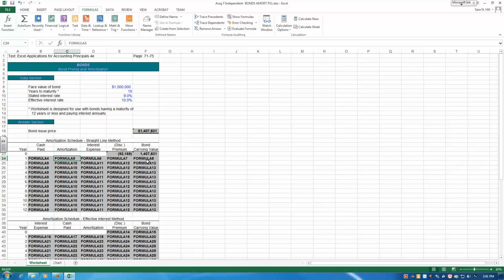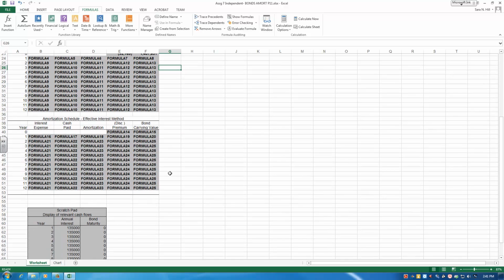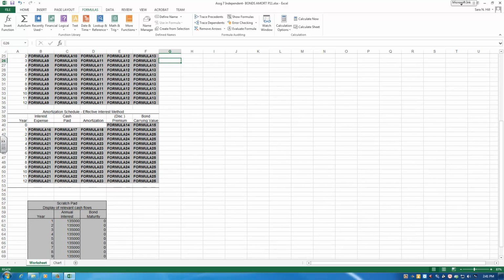And then your carrying value of your bond simply should be the face value of the bond, the 1.5 million, netted out by the remaining discount. So I think those are some very good hints for you on how to complete the straight line method of amortization. Let's move down and give you a couple hints here on your effective interest rate method.